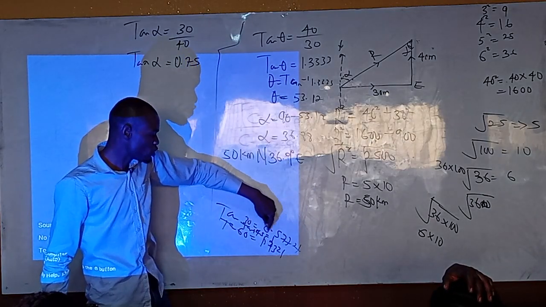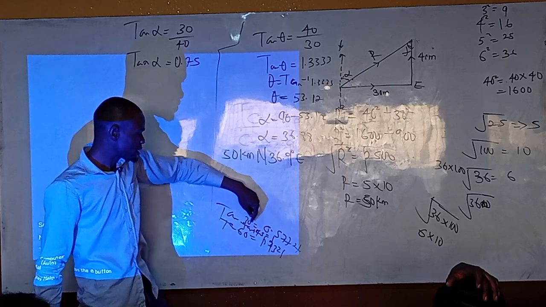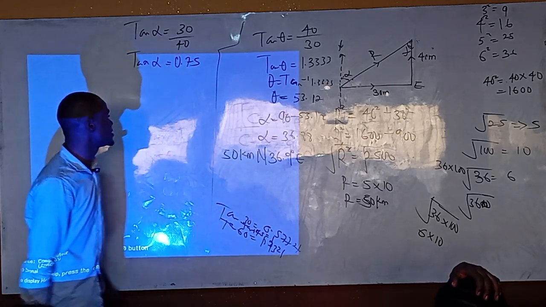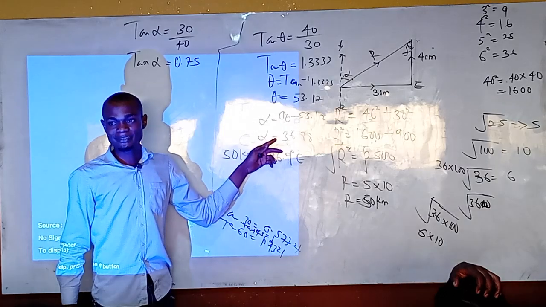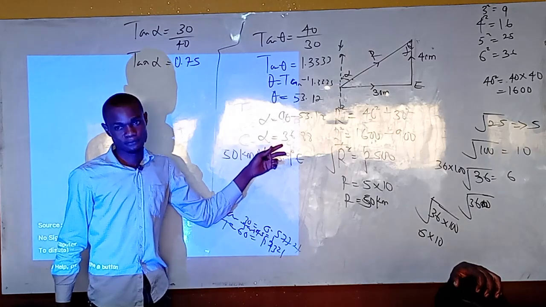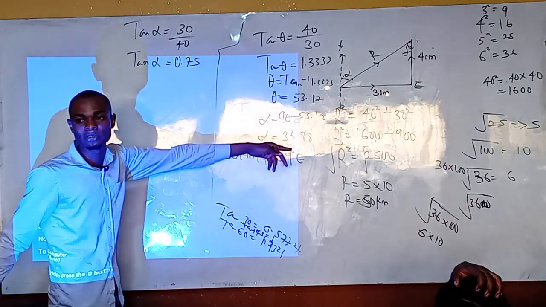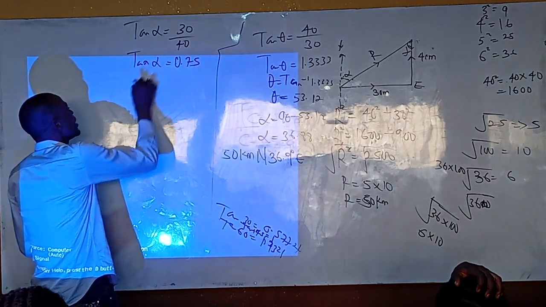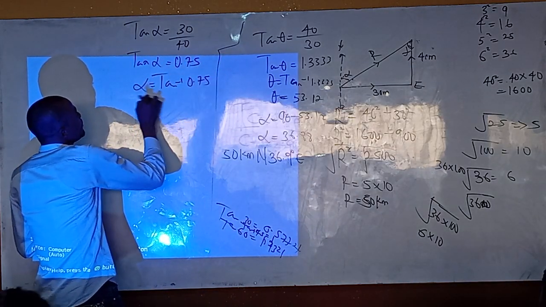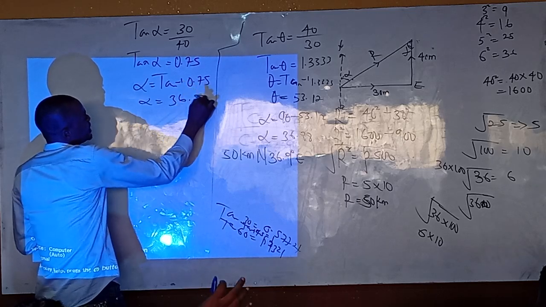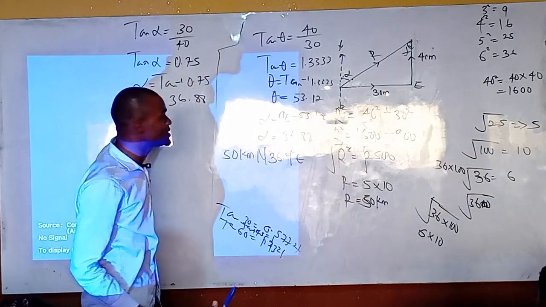So how can we project it? It's 30 something, 37 or 36. You see your option in your answer. I get it now. So tan alpha is 0.75, and your alpha is 36.88.